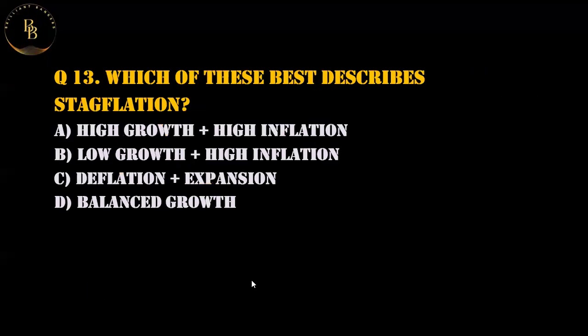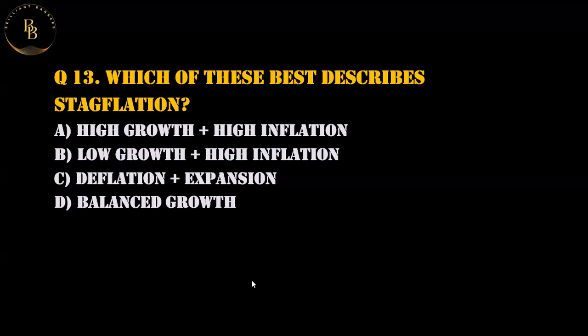Question number 13. Which of these best describes stagflation? So what is stagflation? I think all of you are clear with that. It is high growth plus high inflation. It is low growth but high inflation. It is deflation with an expansion, or a balanced growth.